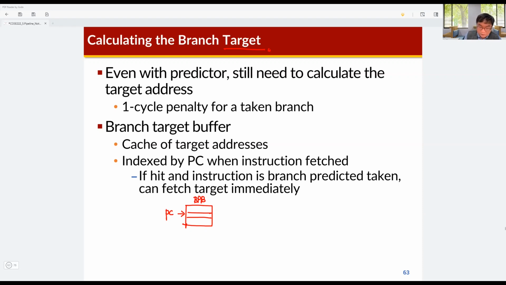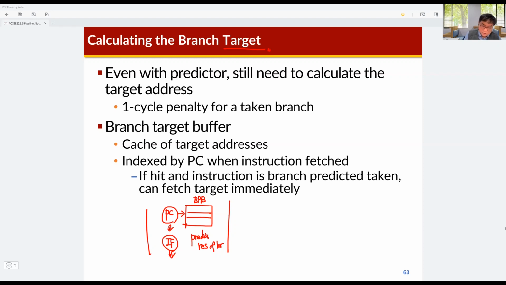This current PC is determined at the instruction fetch stage, right? So in the instruction fetch stage, we can know the PC of the branch instruction. That means we can predict the result of the branch instruction at the instruction fetch stage.